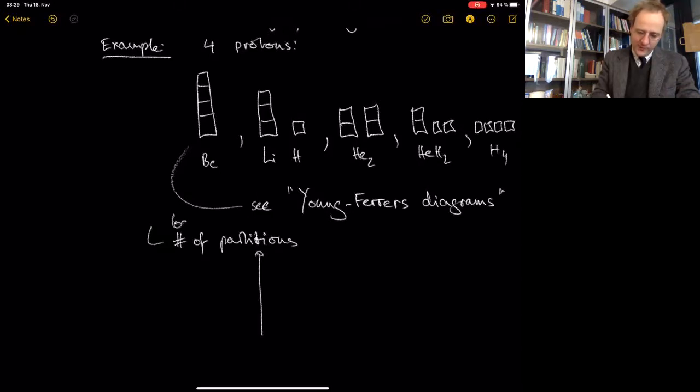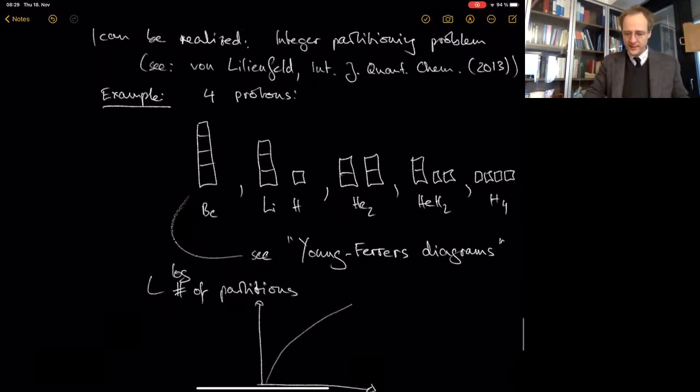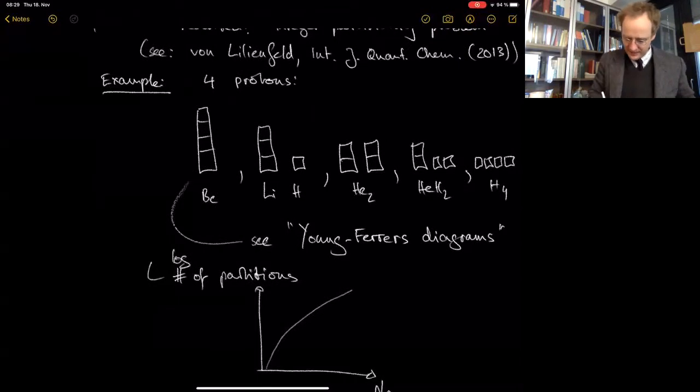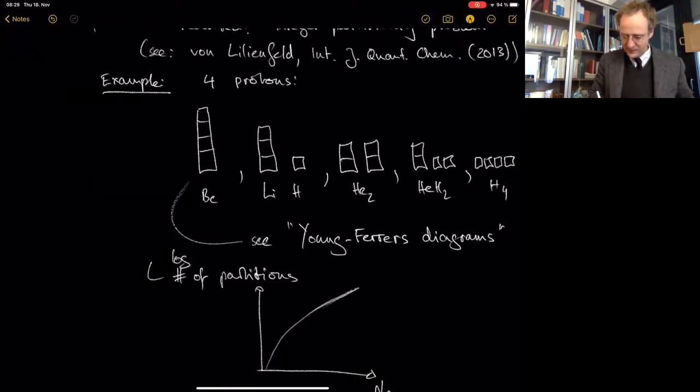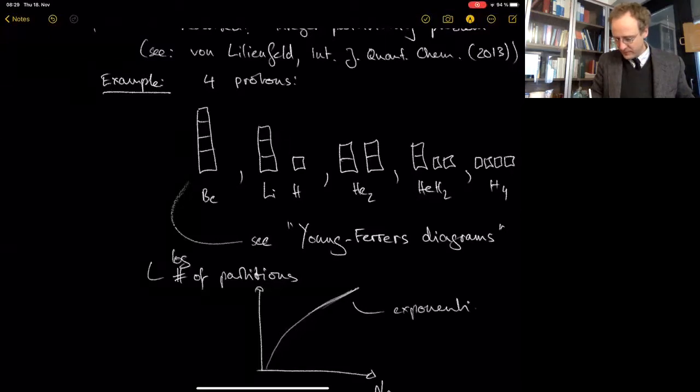I take the log of this and I plot it as a function of number of protons, right? You will see, and I discussed this figure in this paper, that you rapidly reach some exponential growth.